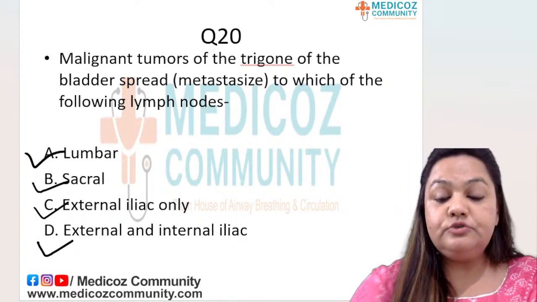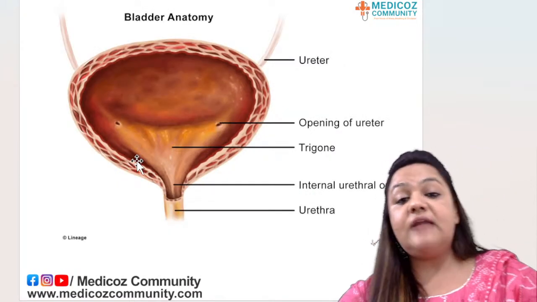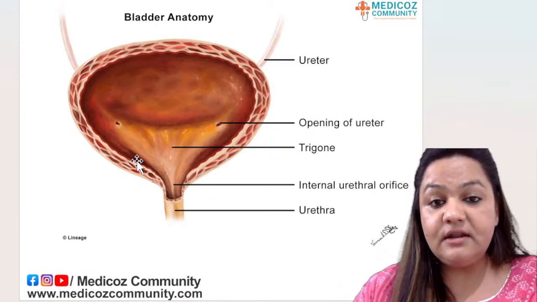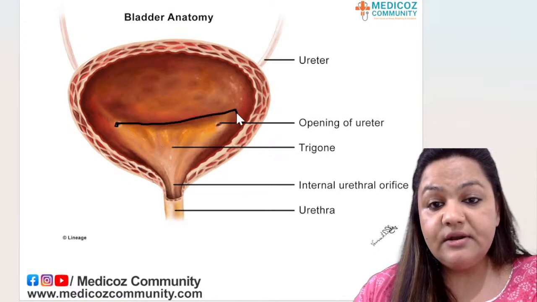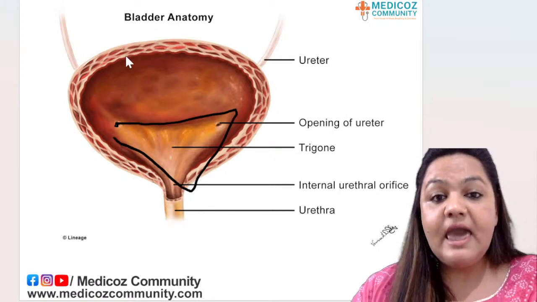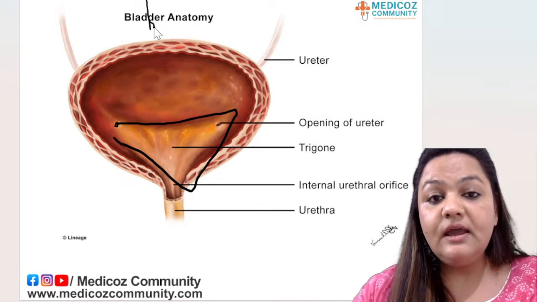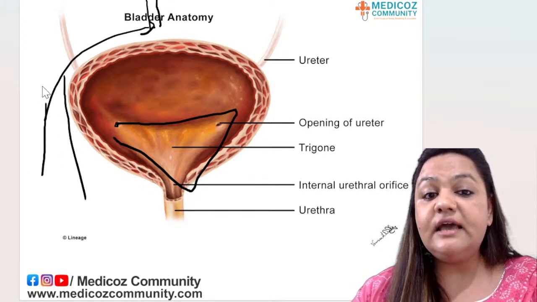To find the answer, we will look at this diagram. This diagram shows the urinary bladder, the internal part. This is the posterior wall, where you can see the trigone. Here, if you remember, we have an artery, the common iliac artery. The common iliac artery divides into the external and internal iliac arteries.